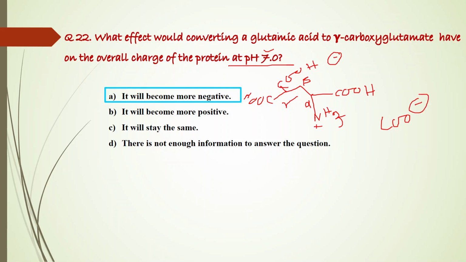In glutamic acid at pH 7 there were 2 COO minus, now in gamma carboxyglutamate there will be 3 COO minus, because pH 7 is much higher than their pKa values. As it is higher than their pK, they will remain in the deprotonated carboxylate form. As the number of COO minus groups has increased from 2 to 3, the overall charge will be more negative. So this was your correct option.